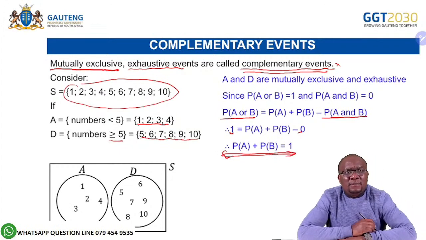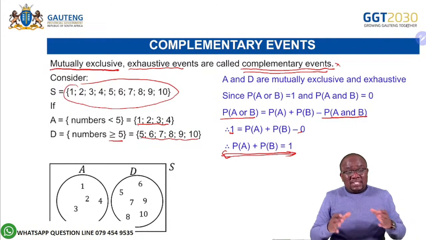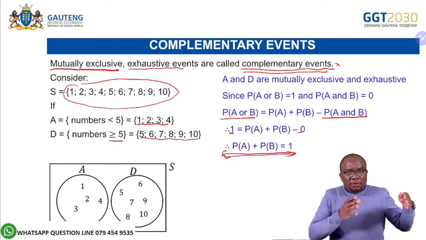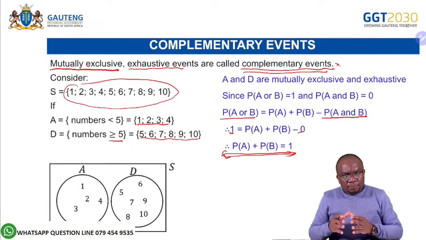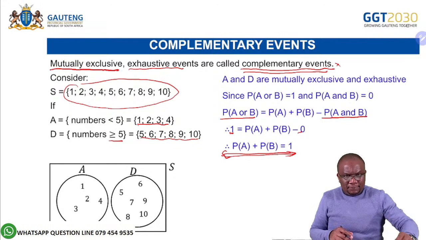Let's use promoted and not promoted. The probability of being promoted plus the probability of not promoted will give us 1.